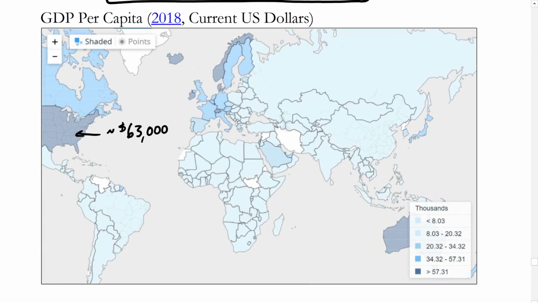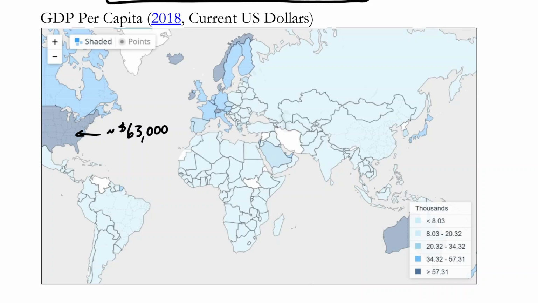So United States GDP per capita is 63,000. It's not number one anymore. It's not number 2 or 3 even. It's falling more into the range of ranked 15th to 20th in the world at this point.